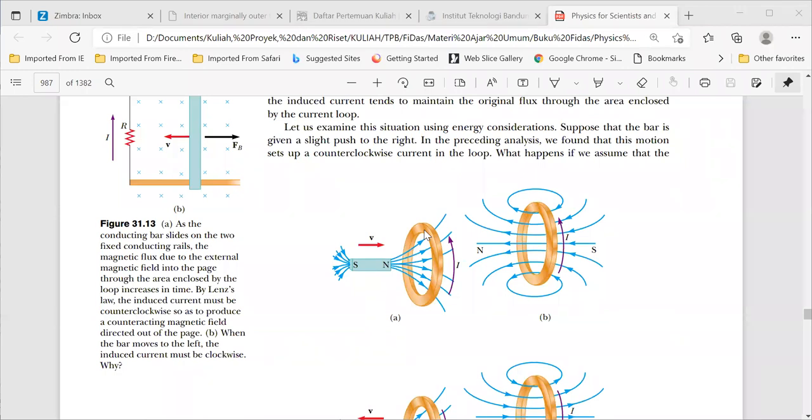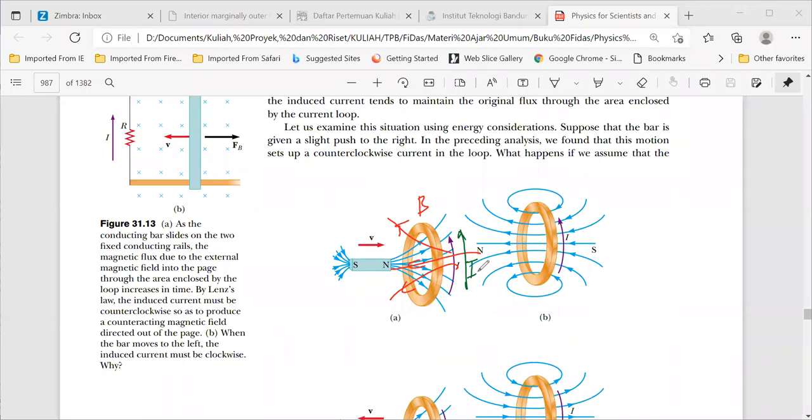So it will give rise to the induced magnetic field here, such that if you use your right hand, you will get that the induced current here will have this direction.